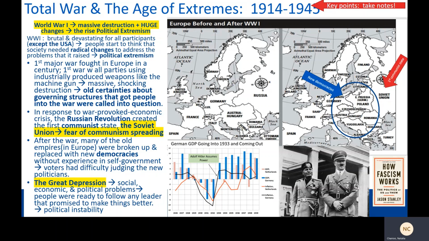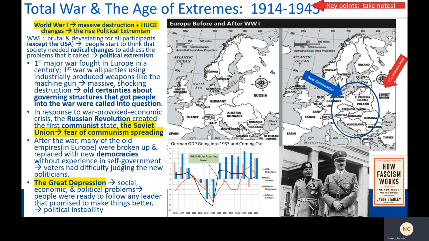Here's how that worked. World War I was brutal and devastating for all participants except for the United States. And I say except for the United States because the United States participated, but it was located very far away, completely safe. The damage occurred primarily in Europe.